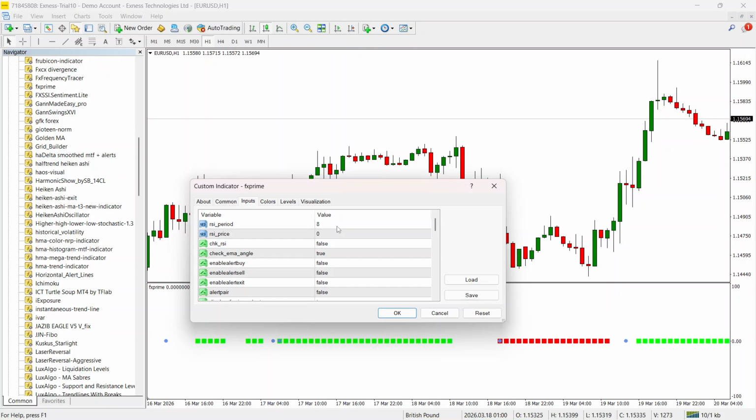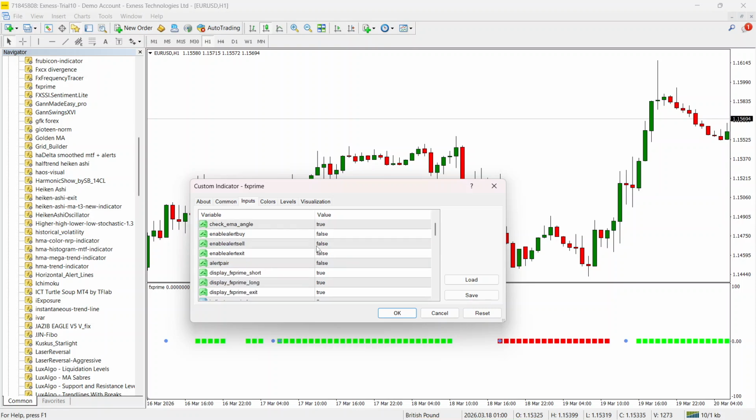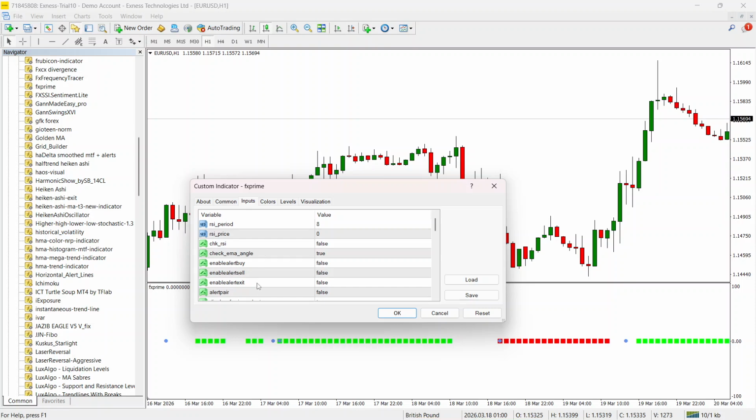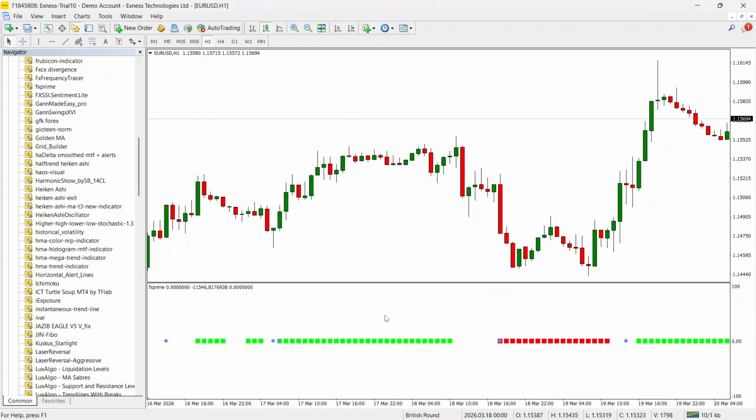And we have the RSI price that determines which price is fed into the RSI computation. We also have alerts that allow you to turn notifications on or off for both buy, sell, and exit signals on the chart. So let's move on to who it's for and its limitations.